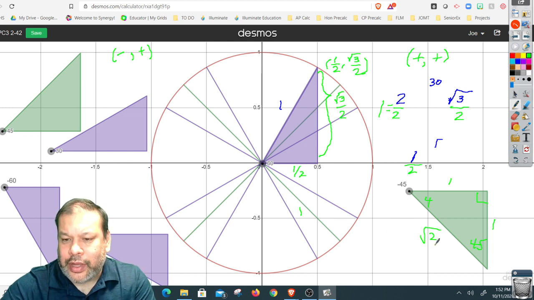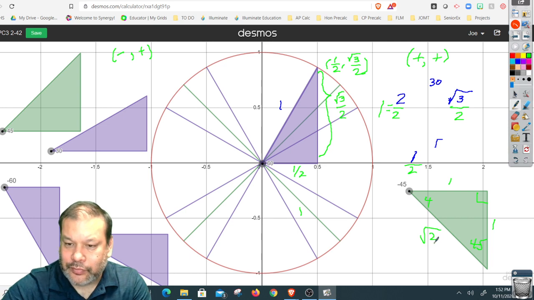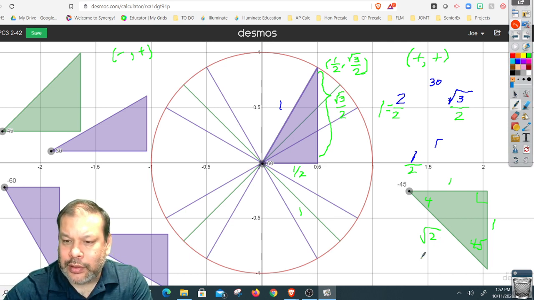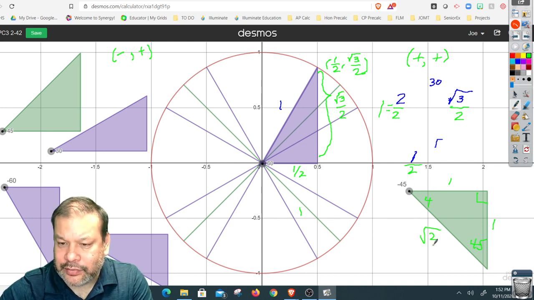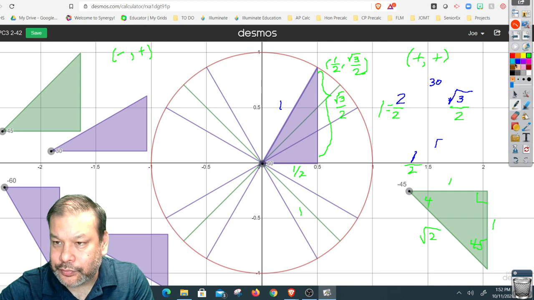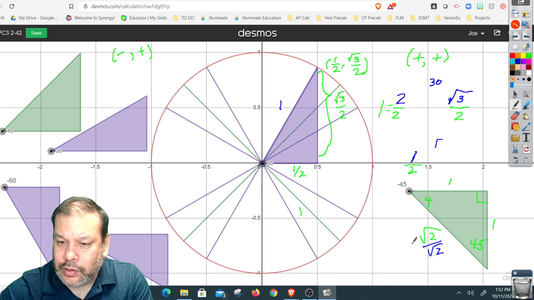So what do we have to do to get this similar triangle to equal 1? It's the same thing. You divide by the square root of 2, and that equals 1. So each side we have to divide by the square root of 2.